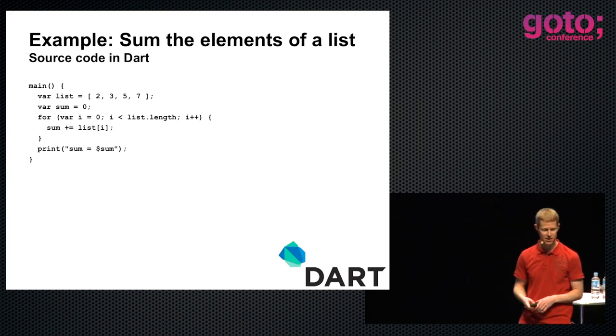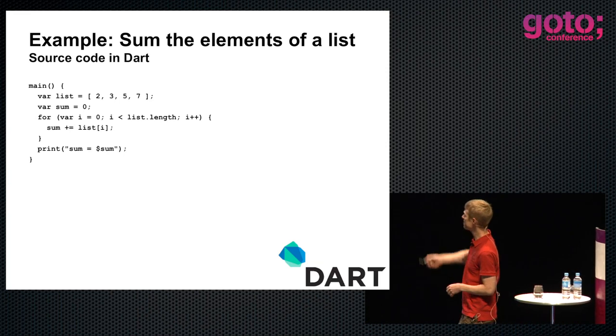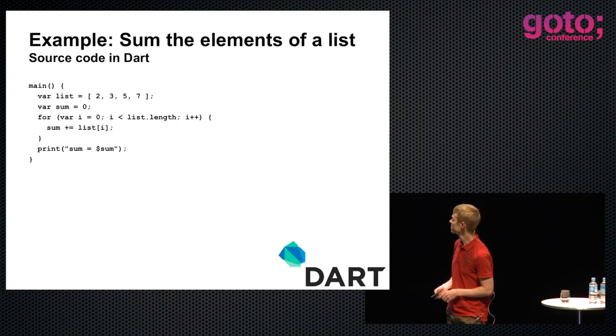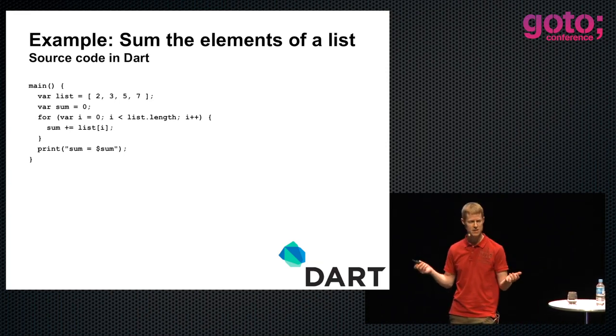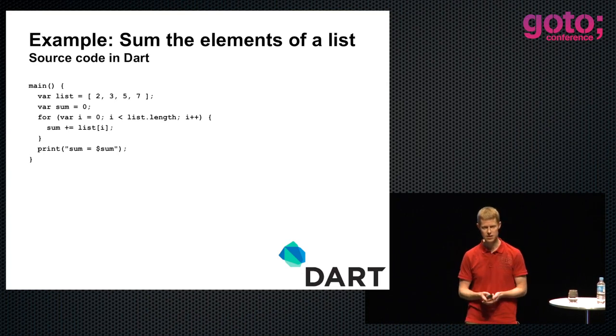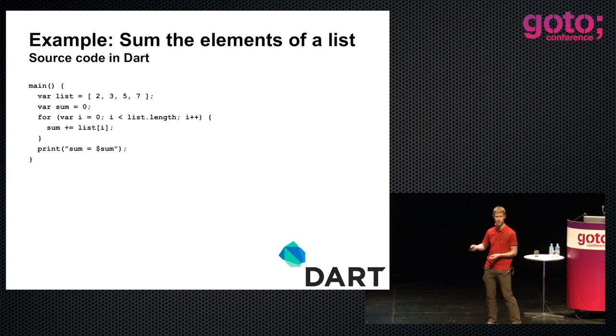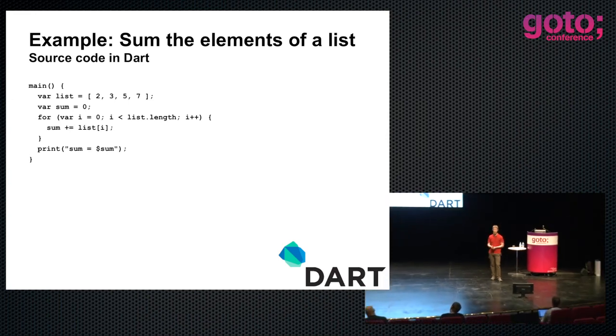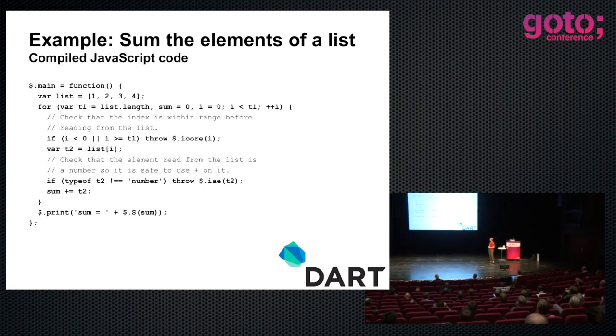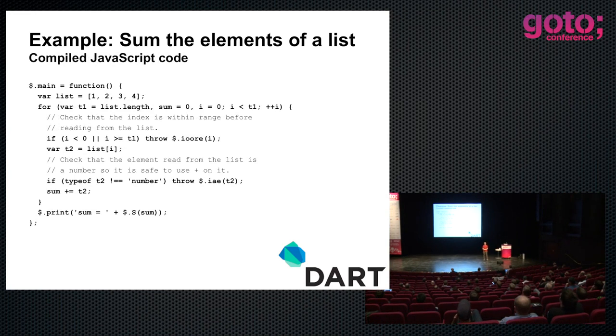So this is, again, Dart code. As a main method, it creates a list. There's a sum variable and it just runs through the elements of the list from 0 to almost up to the length, adds them together and prints the result. Fairly simple code. When we compile this to JavaScript code, it's not a one-to-one translation anymore. So you can probably recognize some things in there. The list is unchanged.